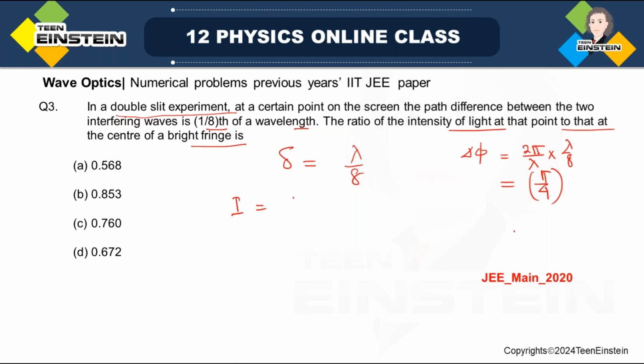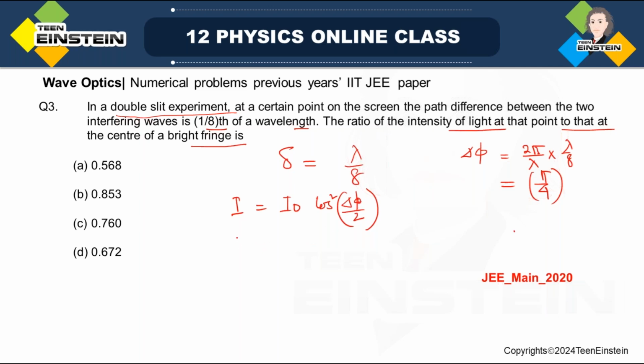One expression for the intensity is I equal to I0 cos square delta phi by 2. I hope you remember this. I had shown you deriving this formula. I0 is the intensity of the central bright fringe, and I is the intensity at a particular point where the two interfering waves have phase difference delta phi.